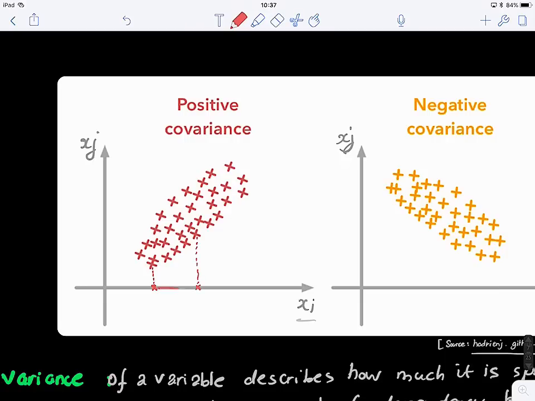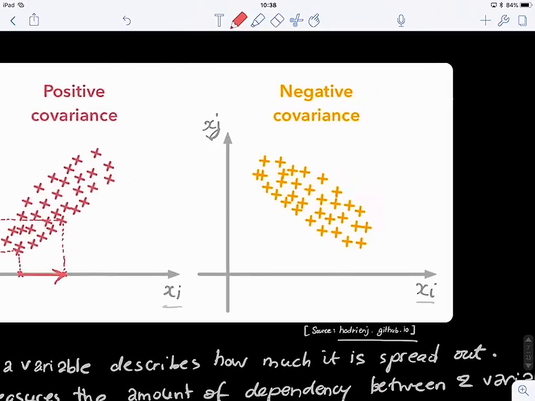Here it increased, right? And then we check the corresponding behavior of the variable xj. We can see when xi becomes larger, xj becomes larger, right? You can take any two other random points in this distribution, and you're going to find the same behavior. So positive covariance means generally when one is increasing, the other one is also increasing, and when one is decreasing, the other one is also decreasing. It's a correlated behavior.